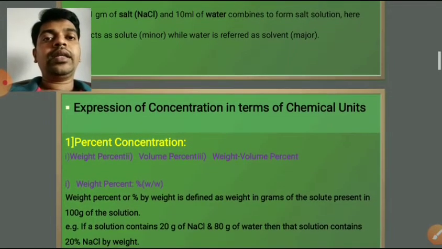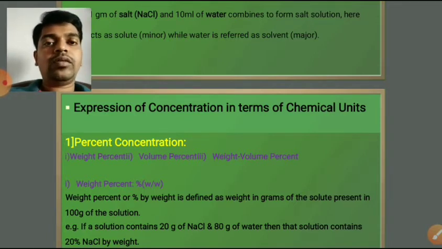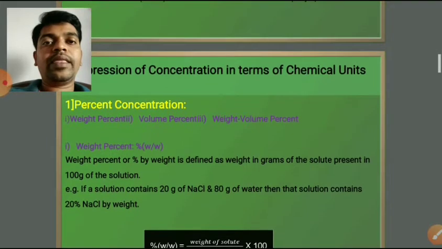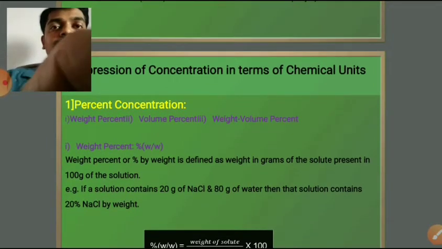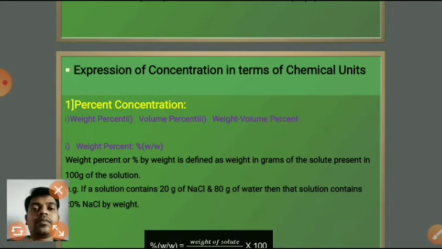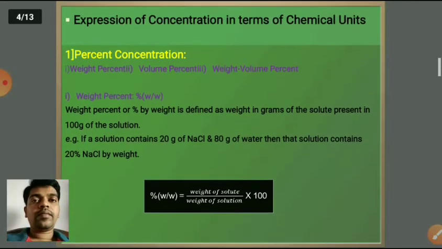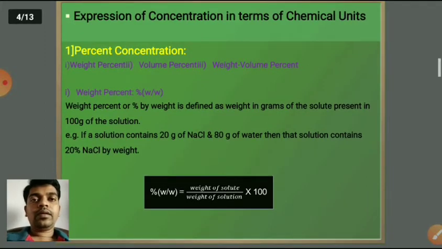Now let's see the expression of concentration in terms of chemical units. The first one is percentage concentration, in which again there are three types.